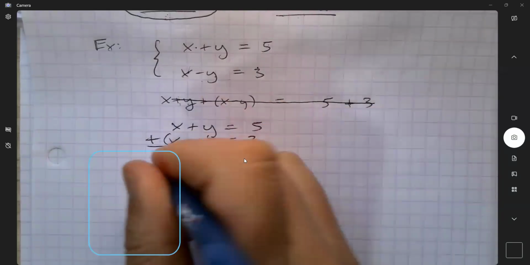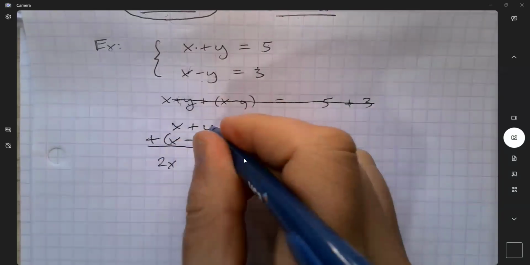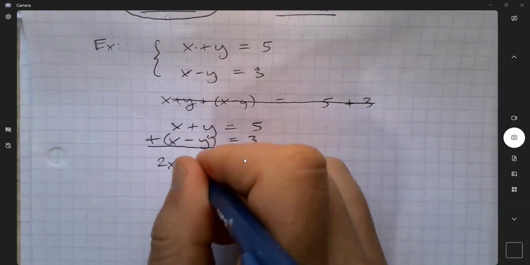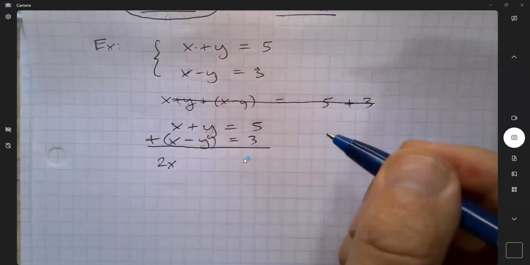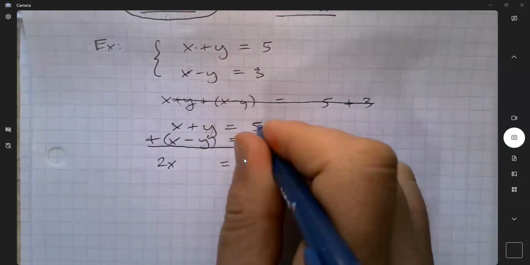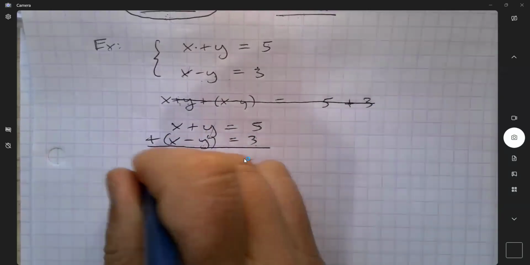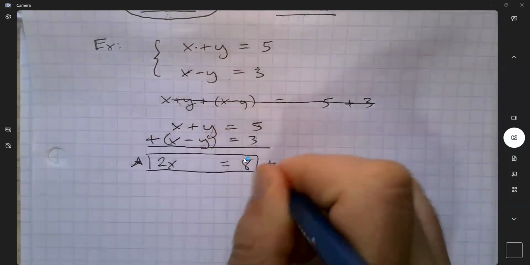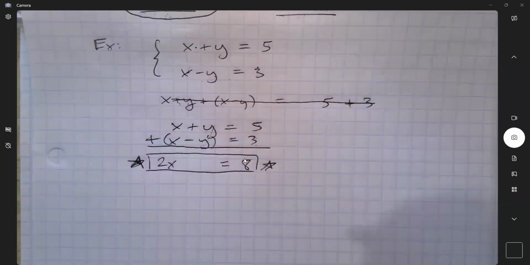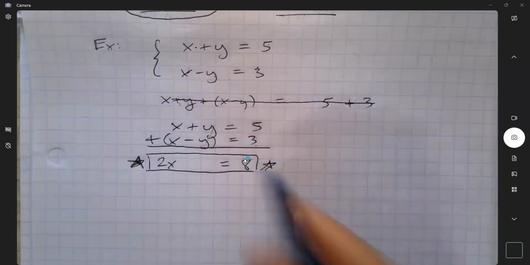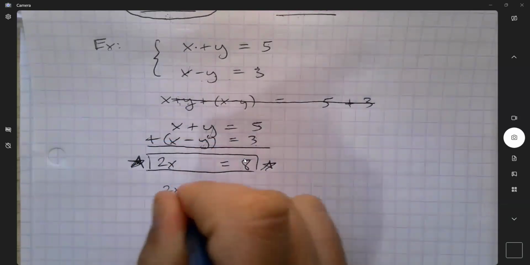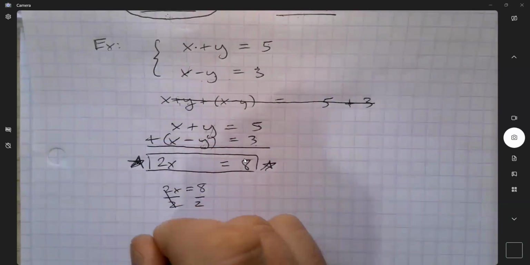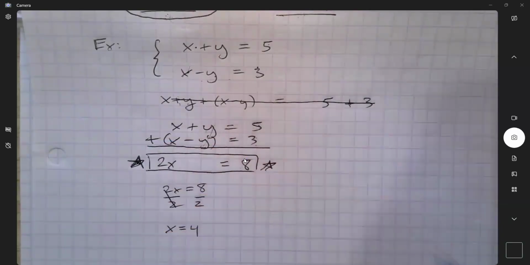So x plus x is 2x. y plus a negative y is like y minus y, and that's 0. Those cancel out. And then on the right side, 5 plus 3 is 8. And all of a sudden, I have a simpler equation that's in just one variable. And I solve that equation, 2x equals 8, divide both sides by 2, and I get x equals 4.